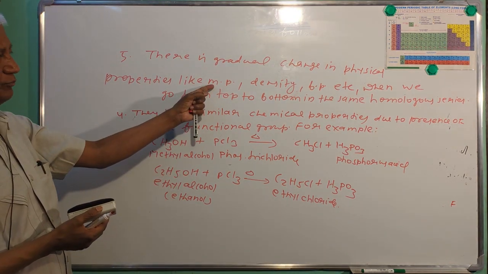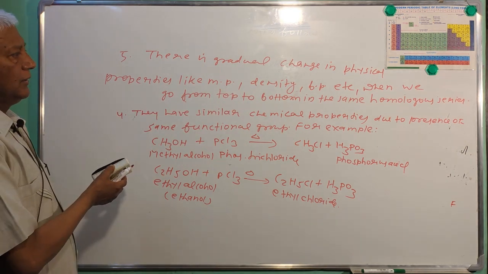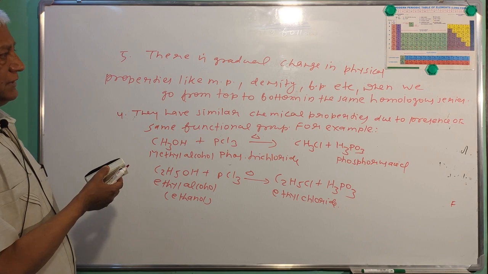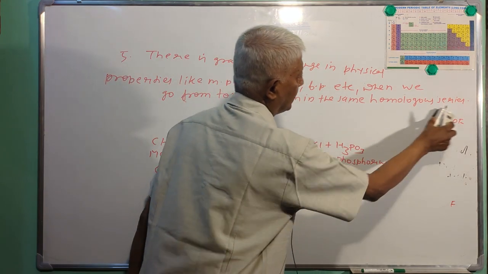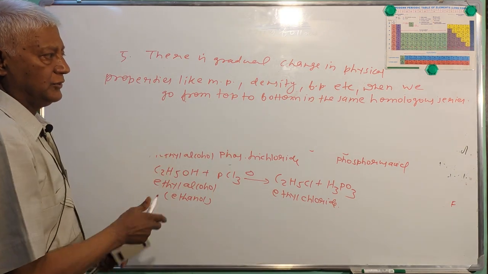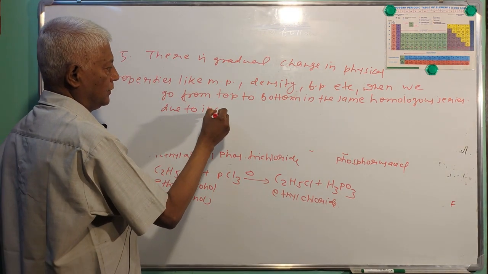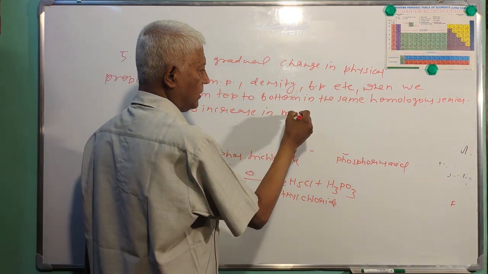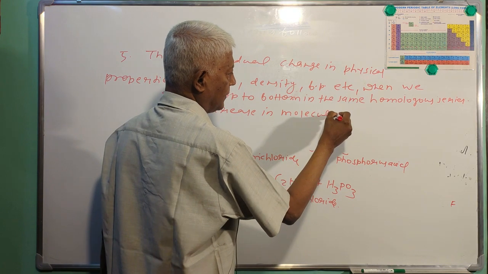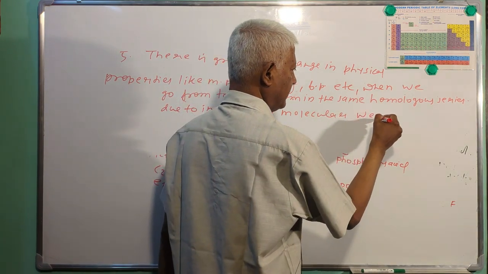MP means melting point, density, boiling point, etc. When we go from top to bottom in the same homologous series. Why? Due to the increase in molecular weight.